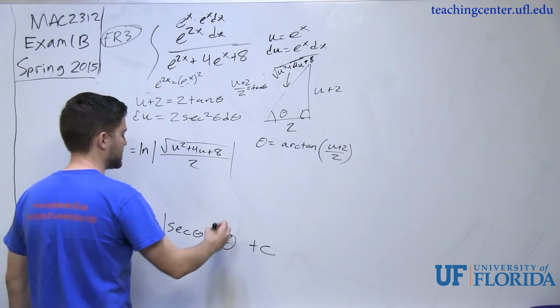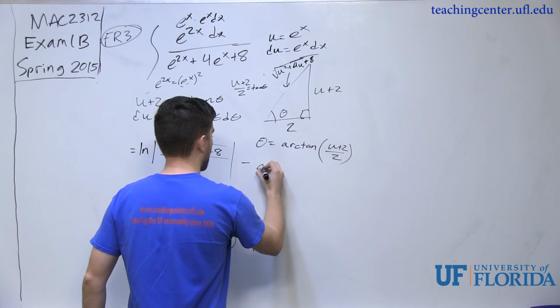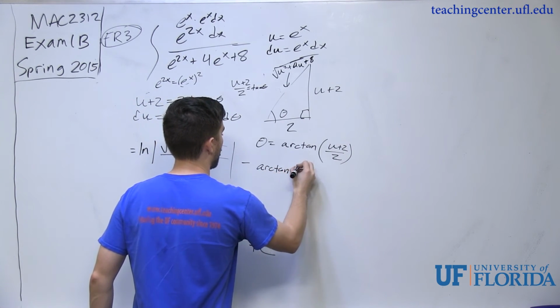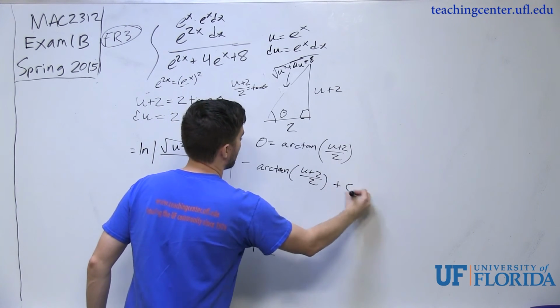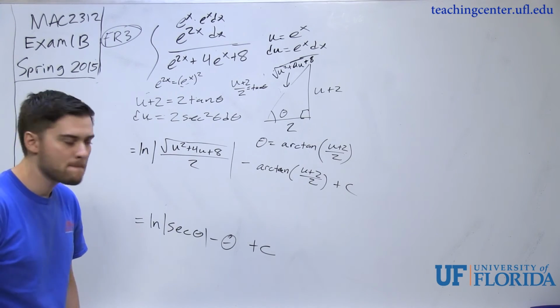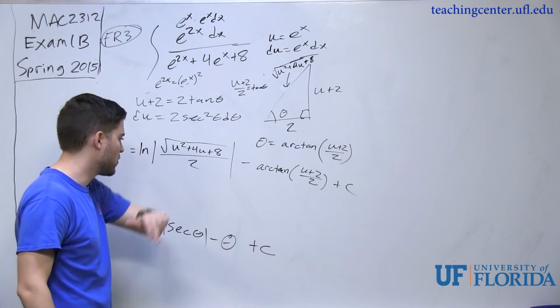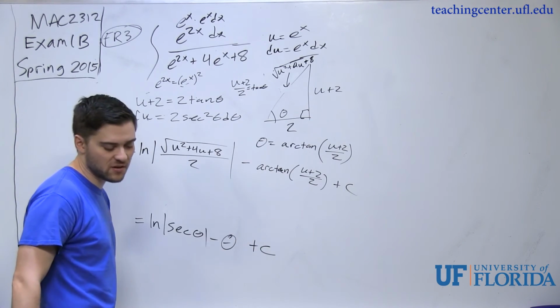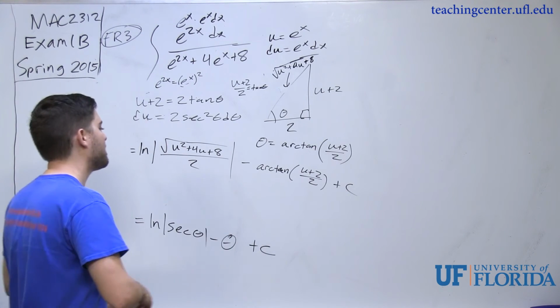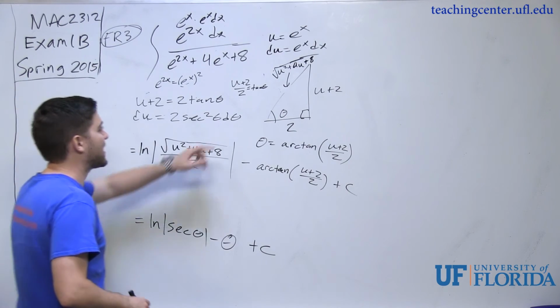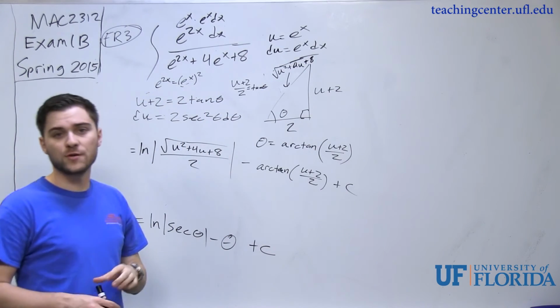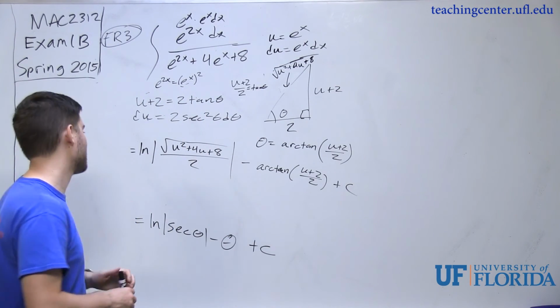So now I have an expression for that. That's minus arctan of (u plus 2) over 2. And I have a plus c. Good. I have expressions for all that stuff. Now I can actually sub back in for my original substitution, which is u equals e to the x.